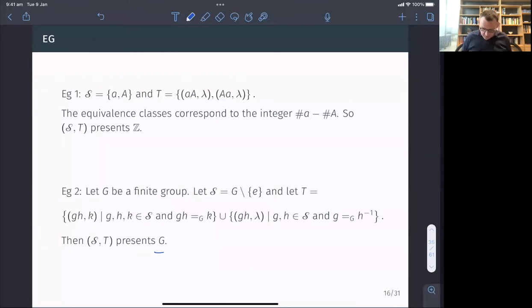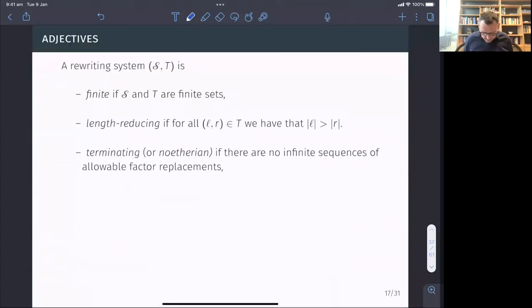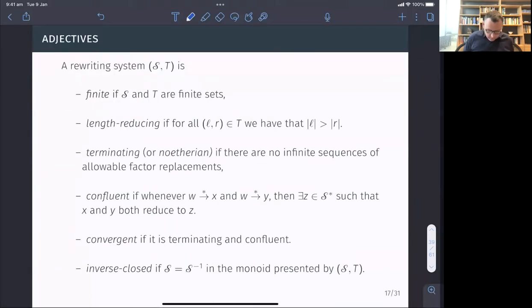So these are two examples of rewriting systems where the left-hand sides are always longer than the right-hand sides. There are some adjectives here. A rewriting system is finite if the sets are finite, length reducing if it's like the examples we had, and terminating if there are no infinite sequences, which of course, if we're reducing length all the time, it's going to terminate. Confluent is a little more complicated.